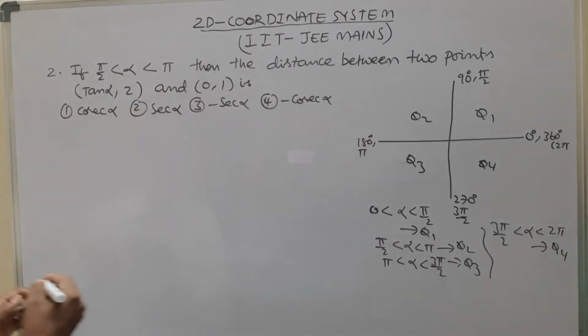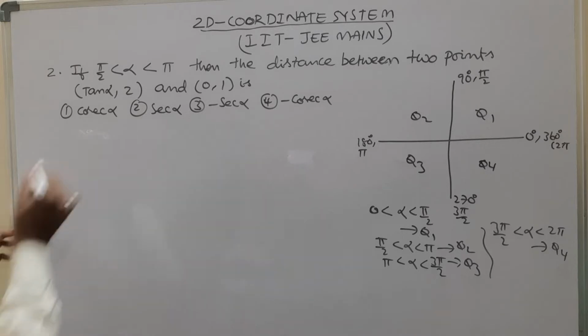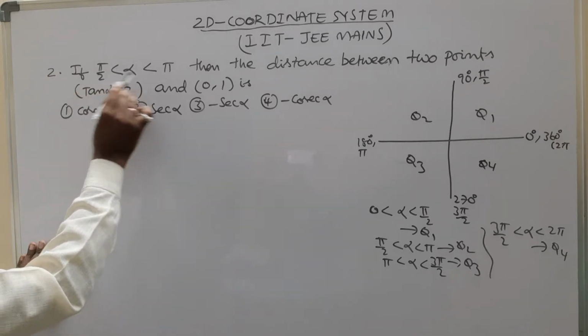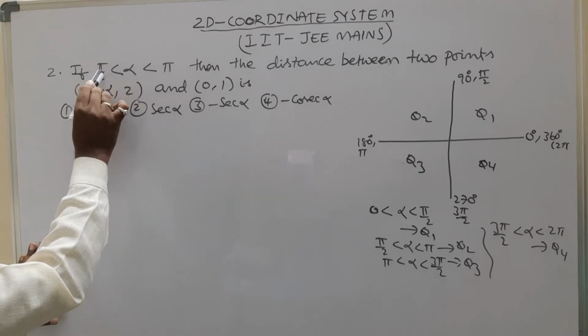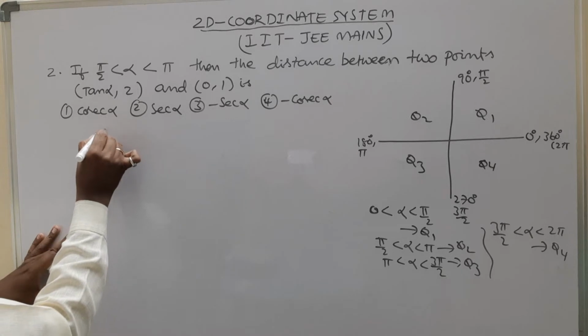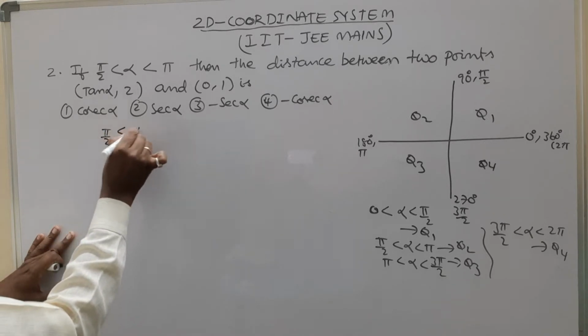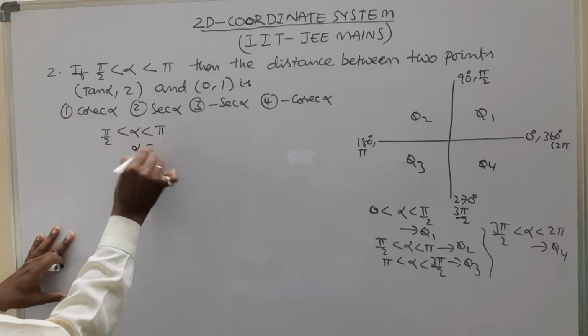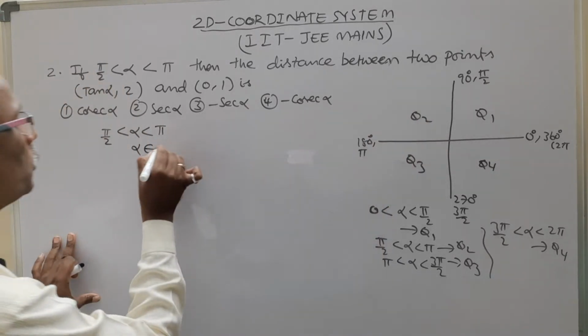Here in this question, alpha is the angle and its range is given. Alpha lies between which angles? Between 90 and 180. Here it is given pi by 2 less than alpha less than pi. That means alpha belongs to the second quadrant, Q2.